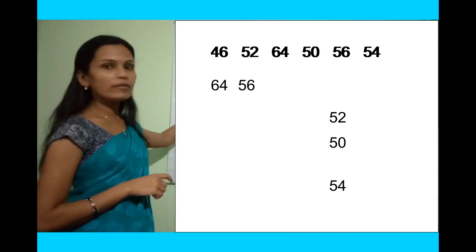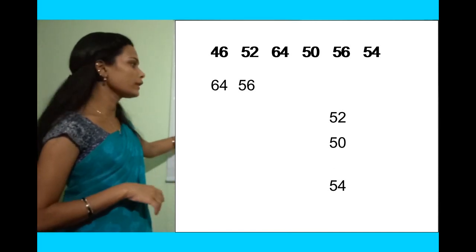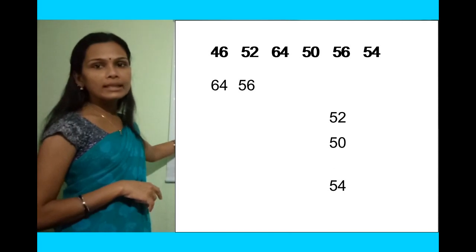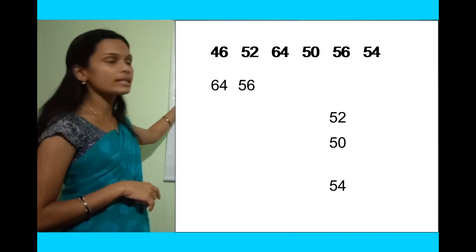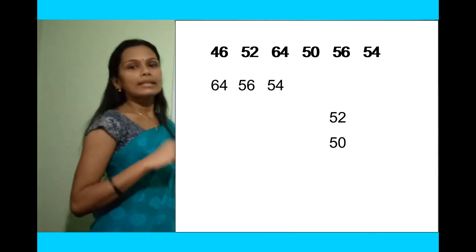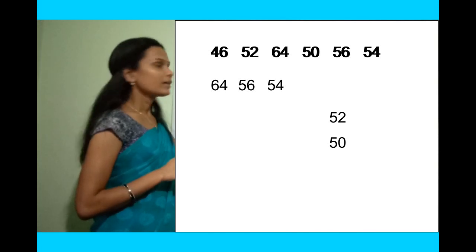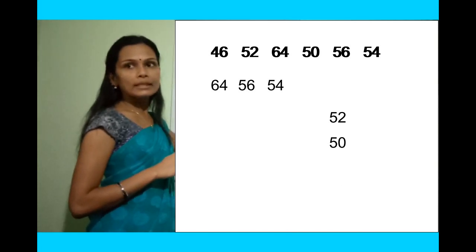Let us compare 52, 50 and 54. It is clear that 54 is greater than the other two. So after 56 we have to write 54. Okay, children, can you say which is the bigger number among 52 and 50? 52 is the bigger number.